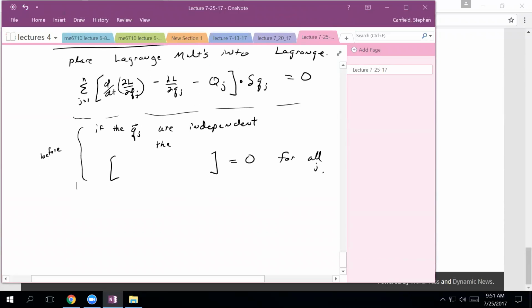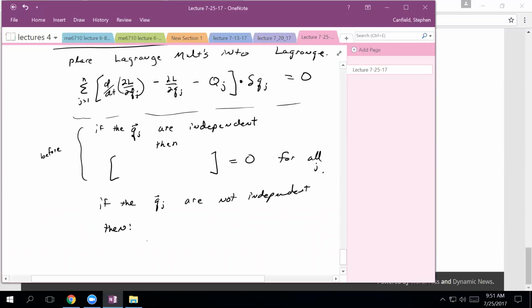But now, if the qj are not independent, then this thing does not equal 0, right? I've got to do something else. And so what am I going to do?